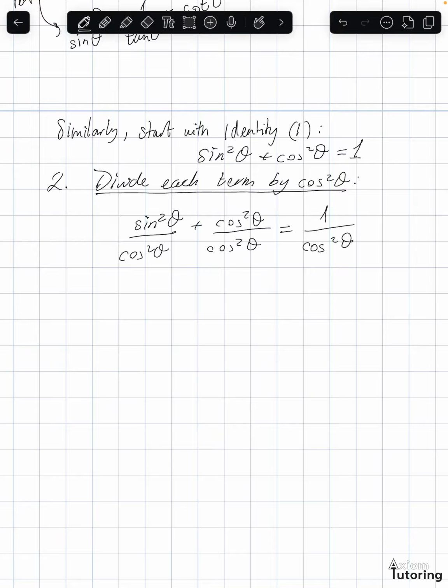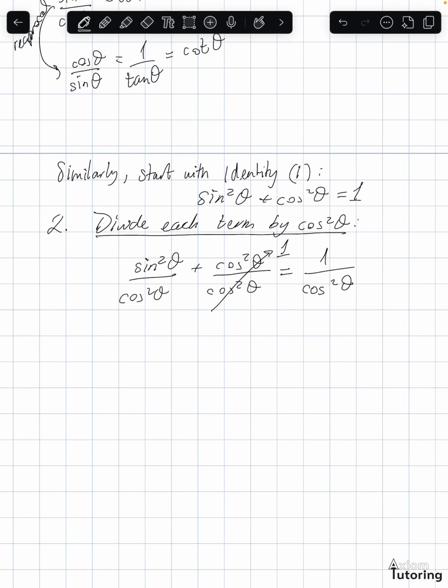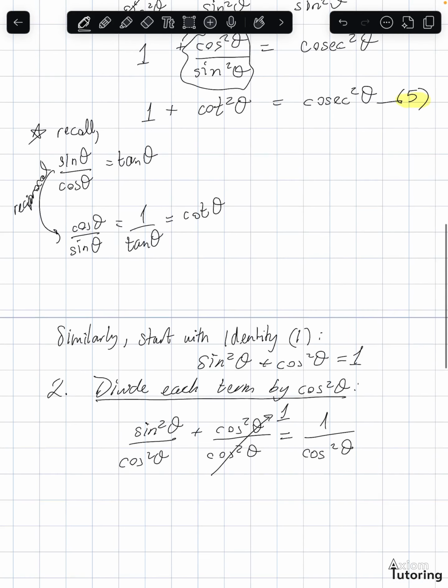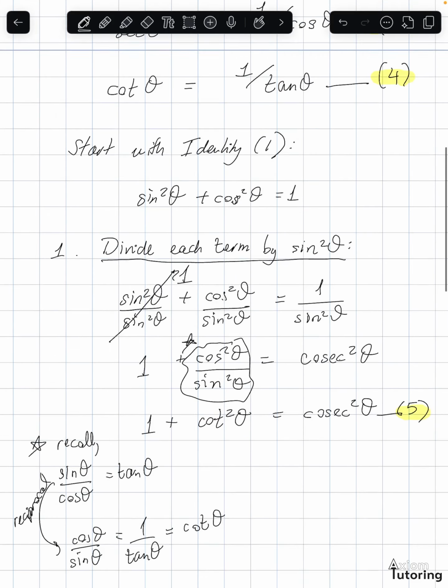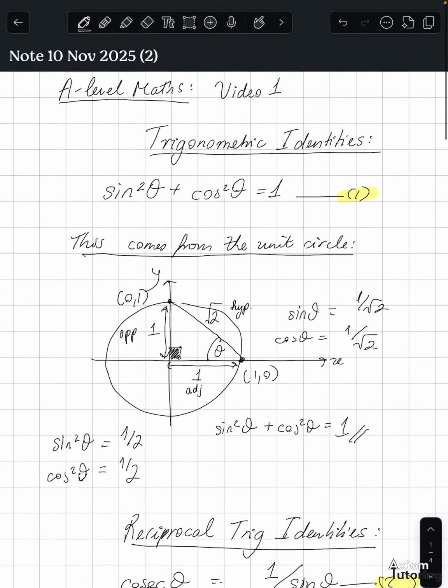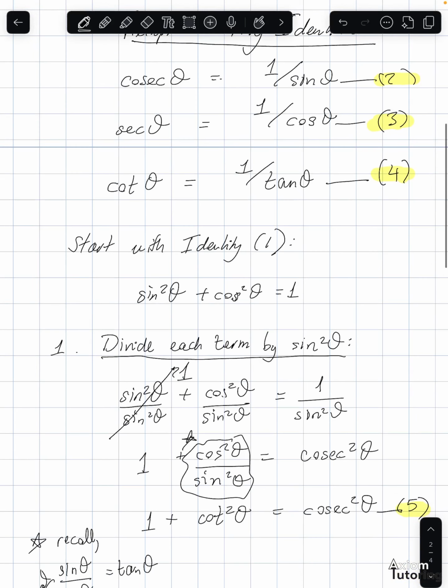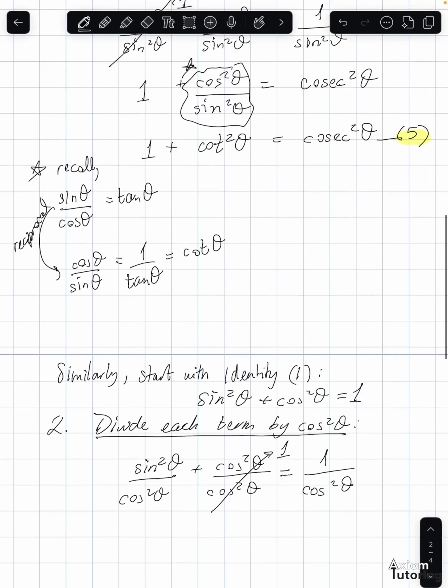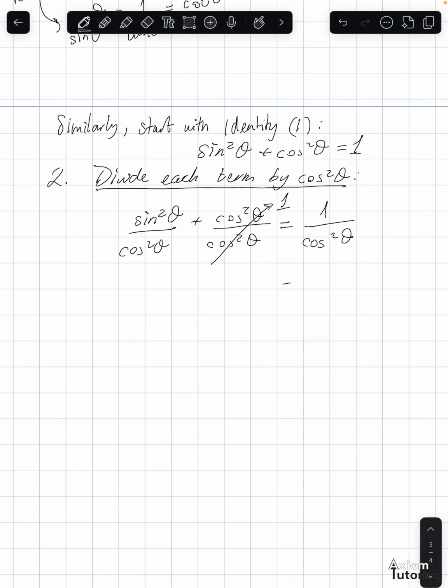So this second term, cos squared theta over cos squared theta, again, that's just 1. 1 over cos squared theta, that last term on the right hand side, well, we've defined 1 over cos theta as being, it's right here, 1 over cos theta is identity 3, it's sec theta. So 1 over cos squared theta is just going to be sec squared theta. That's going to be 1 from there.